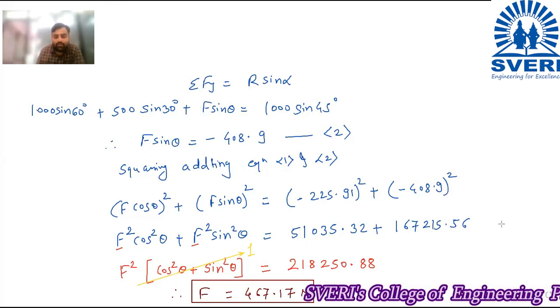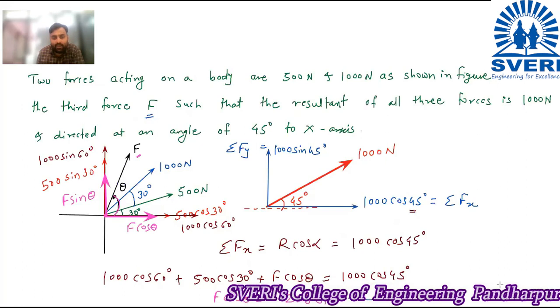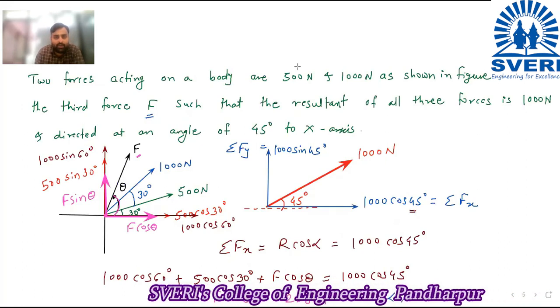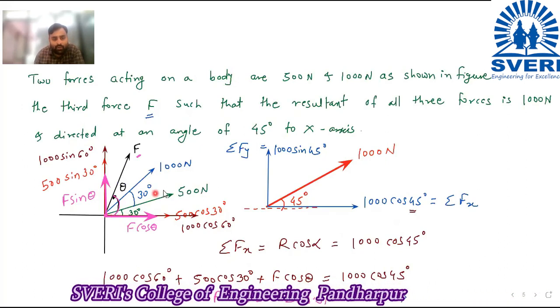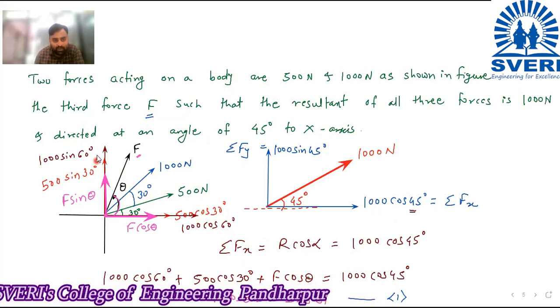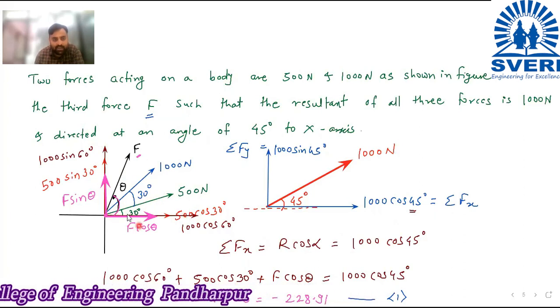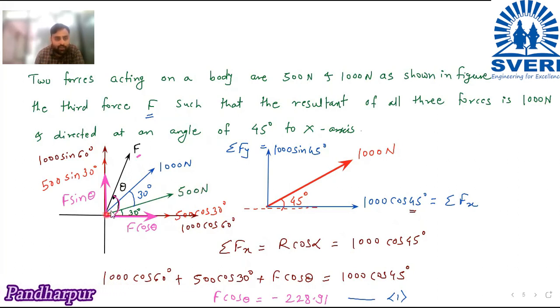And here, if you see, why we are taking it positive is because all our forces are in the first quadrant. Here you can see I have drawn the diagram. This diagram is already given to you. Your first force is 500 Newton, your second force is 1000 Newton, and your third, the resultant, is given.